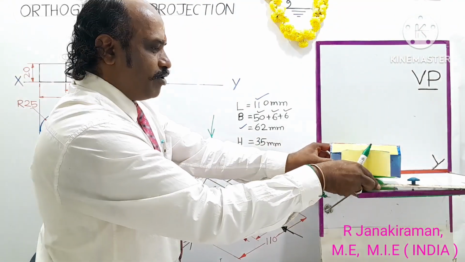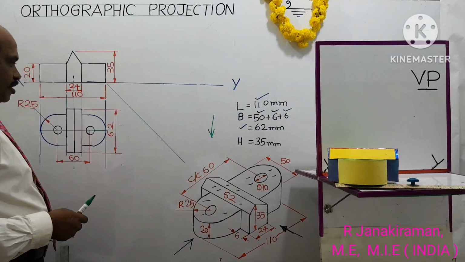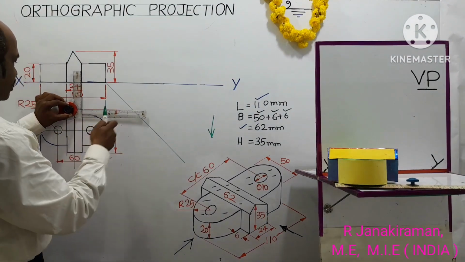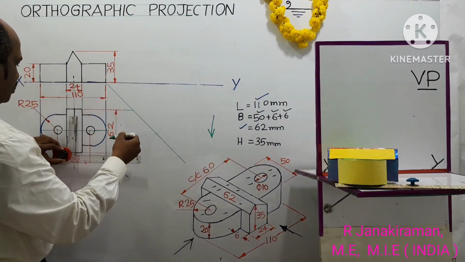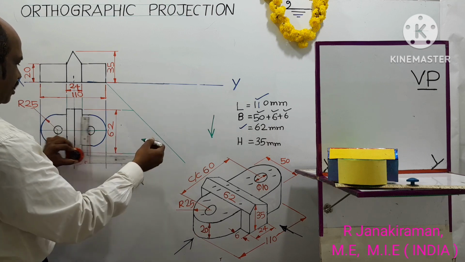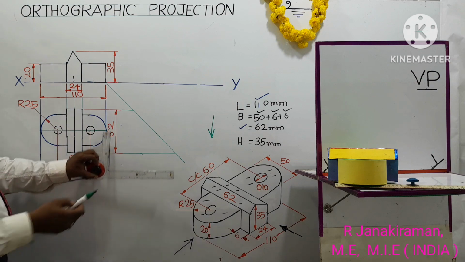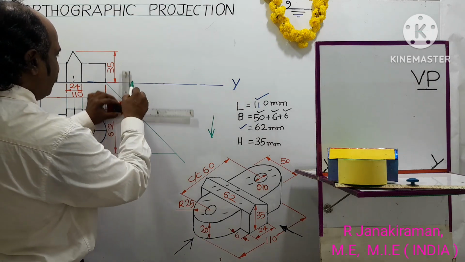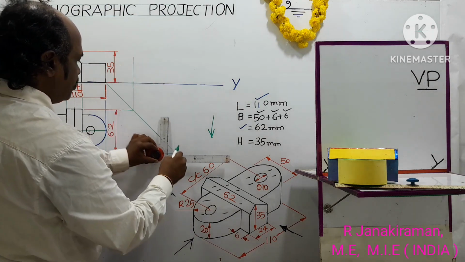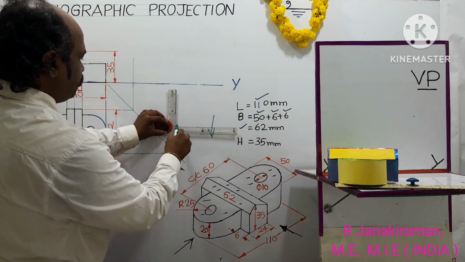So now you take your drafter scale and draw projectors from the previous top view using a 2H pencil. The maximum breadth is projected. Then you draw a vertical projector using the vertical scale of the drafter.